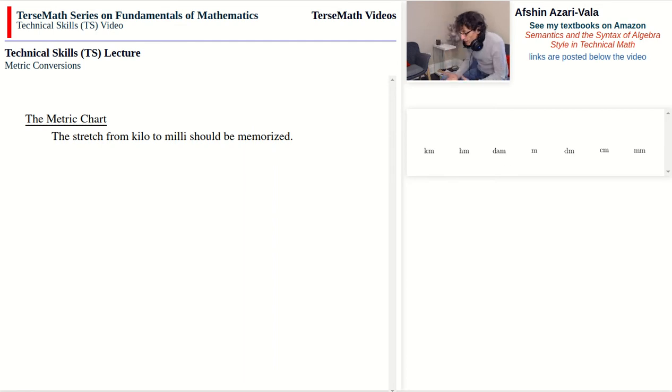And each step requires that we multiply the numerical value by 10, and that means that your decimal point basically moves forward over 1 digit. So if I'm going from kilo to hecto, I multiply it by 10, decimal point moves forward over 1 digit, and if I go to deca, then I have to multiply by 10 again, and decimal point moves forward over 2 digits as well.